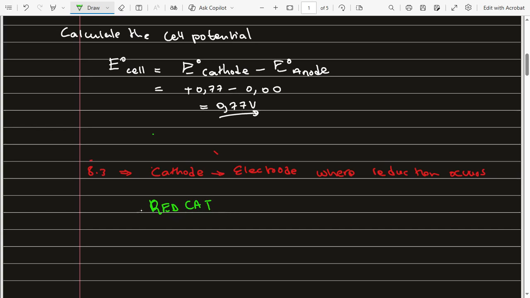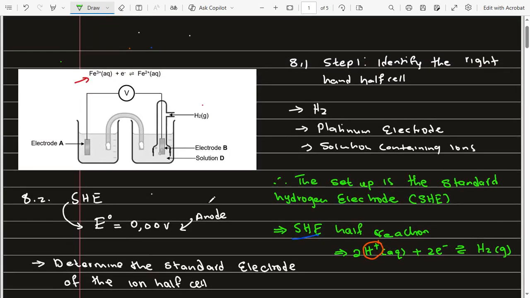Now that you understand the meaning of the cathode, you have to examine the given half cell reaction. Let's examine it, and tell me what you notice.